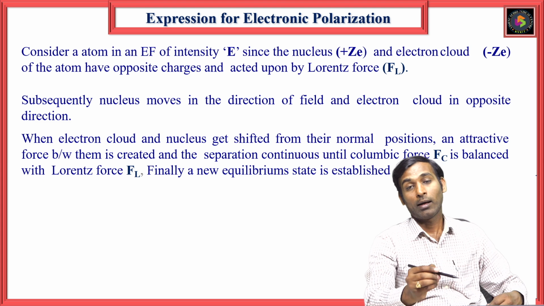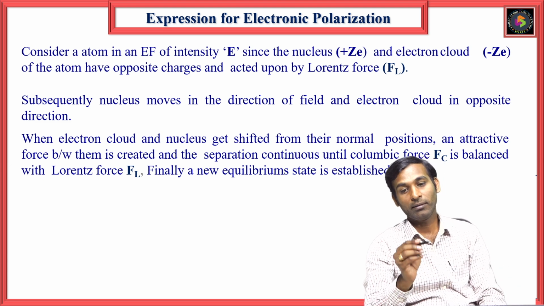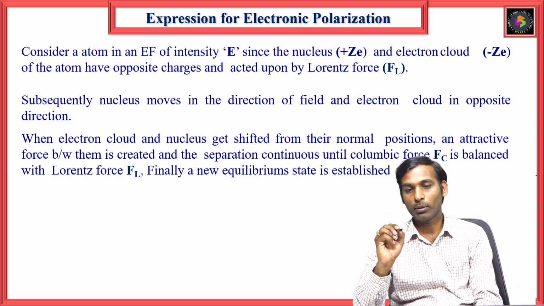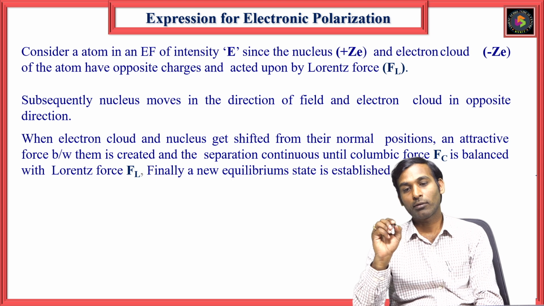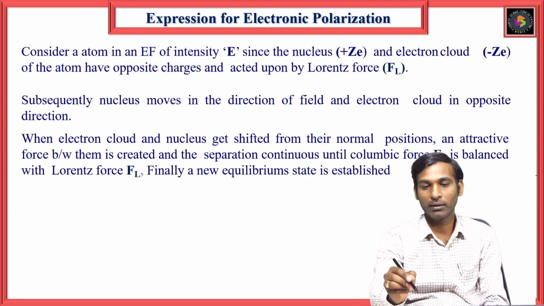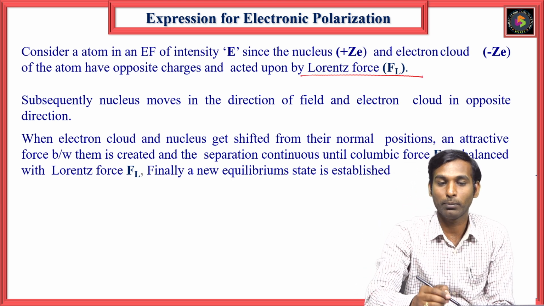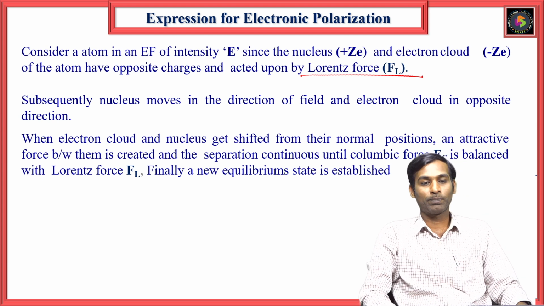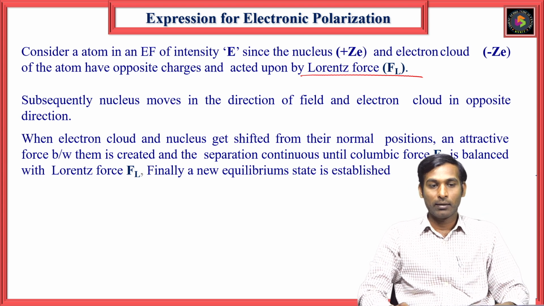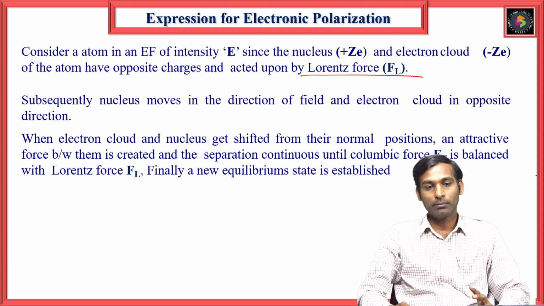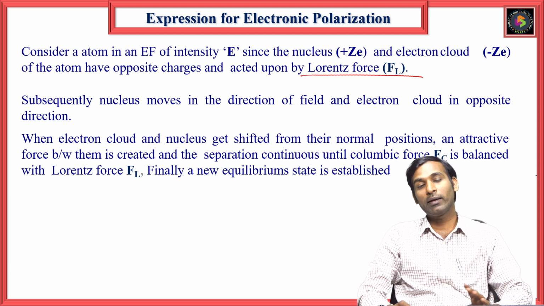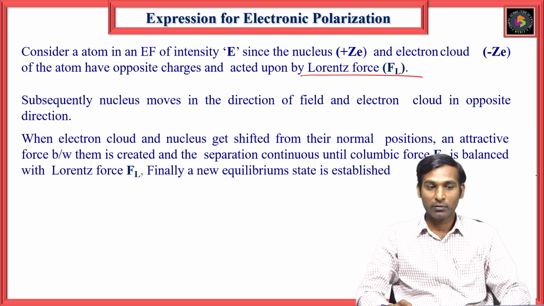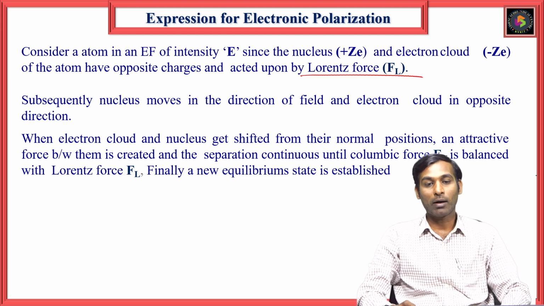Here, opposite charges means there is some force acting upon the nucleus and electron cloud. That force is nothing but the Lorentz force. This is the main point for electronic polarization. Consider an atom in an electric field of intensity; the nucleus of charge and electron cloud of the atom have opposite charges.